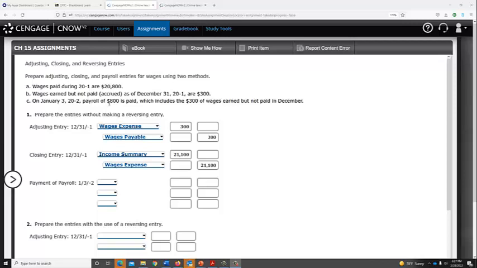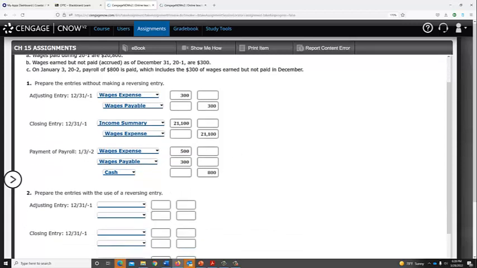So we've paid $800, which includes $300 of wages earned but not paid in December. So we know that our cash, we're writing a check or checks to our employees for $800. Okay, 300 of that was for the wages payable, and then the remaining 500 will be wages expense for the current year.